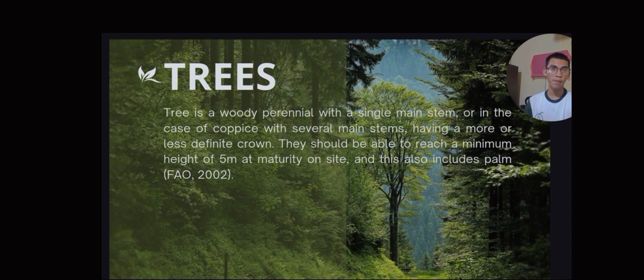They should be able to reach a minimum height of 5 meters at maturity. So, a tree is considered mature if its height is 5 meters or more. A tree has a main single stem, which is its body or trunk, and the crown is its branches.